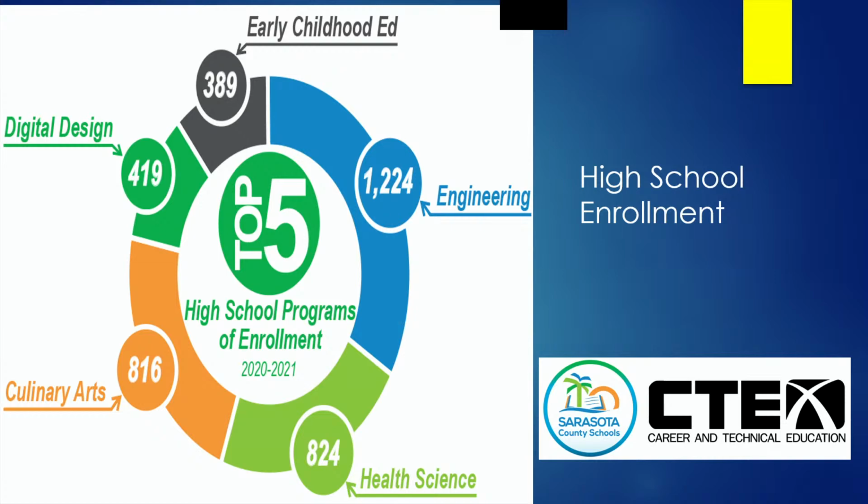Engineering is one of our most prolific programs, culinary, and then early childhood currently. Business programs are also very large. They're mixed in, but digital design stands out, of course, with the Adobe certifications. Those are very popular, and we have great success with those programs in terms of getting industry certifications.